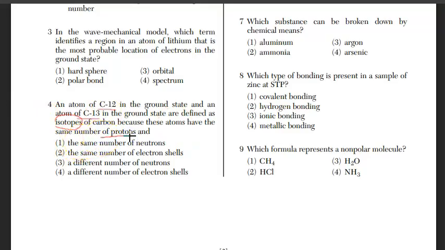Really, what they're asking here, the definition for an isotope. You have the same number of protons, but a different number of neutrons. Isotopes, you don't have to worry about anything with electrons. Same number of protons, different number of neutrons.